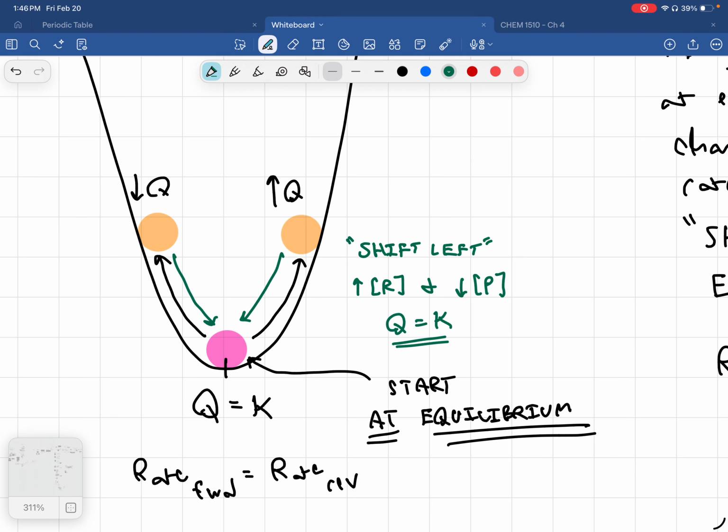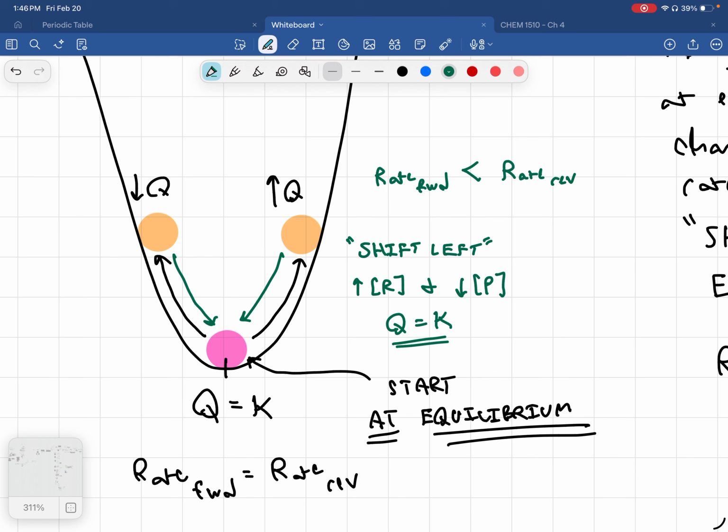A shift in a direction means increase the concentrations on the side it's shifting to, decrease the concentrations on the side it's shifting from. Because rolling the ball up the right side of the hill means that your relative rates, your rate forward and your rate reverse, you have done something to make your reverse rate faster than your forward rate.